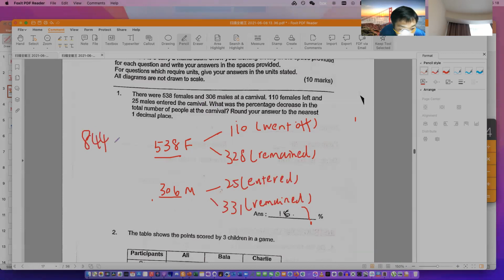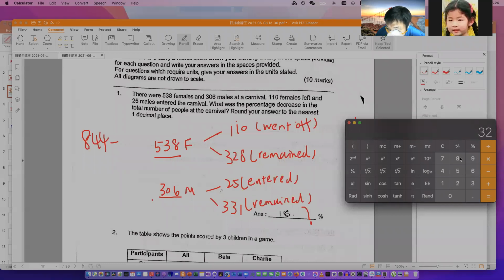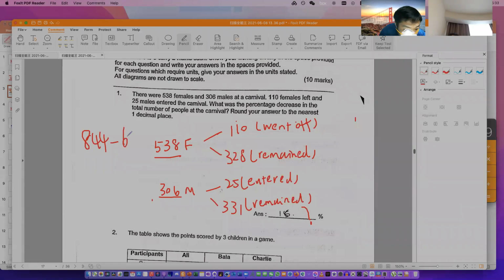Then what's the final one? So you have 331 plus 328, so 659. Actually I should use final minus initial, so 659 minus 844.